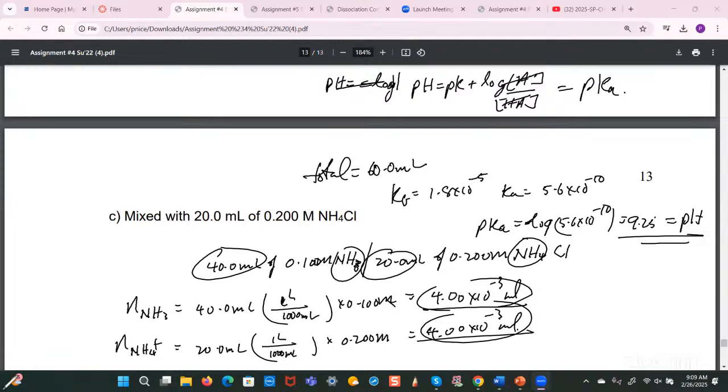Okay, for the first ionization of phosphoric acid with water, so where is it? Okay, that's correct. Are you asking about Ka1?